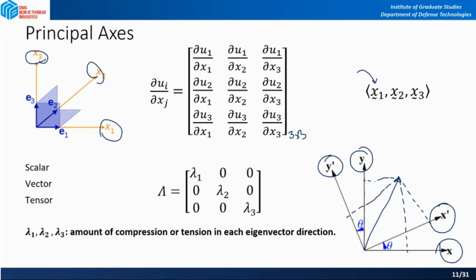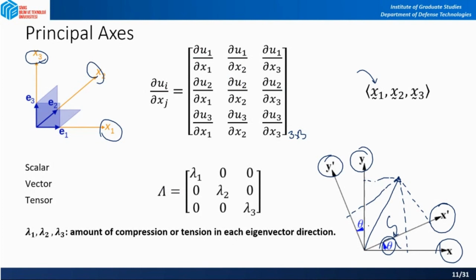If I know how much the new coordinate system is rotated with respect to the old one, so I know this angle theta, then I can relate the components of the vector in the new coordinate system to the old one.